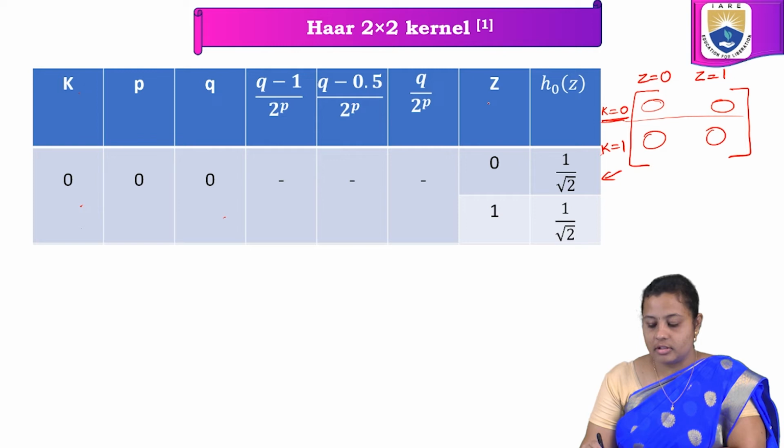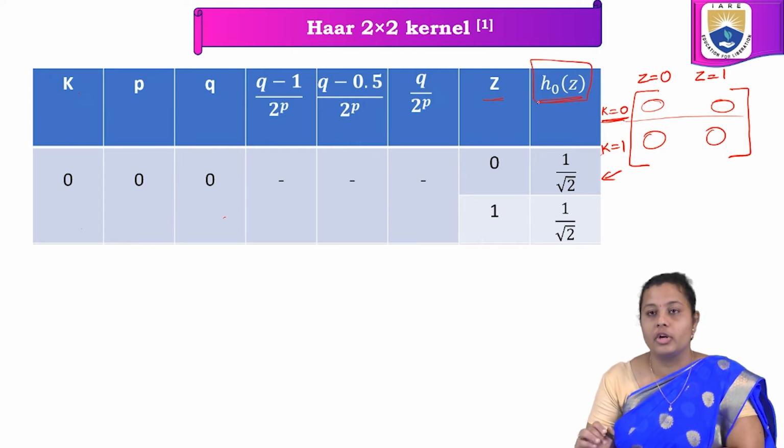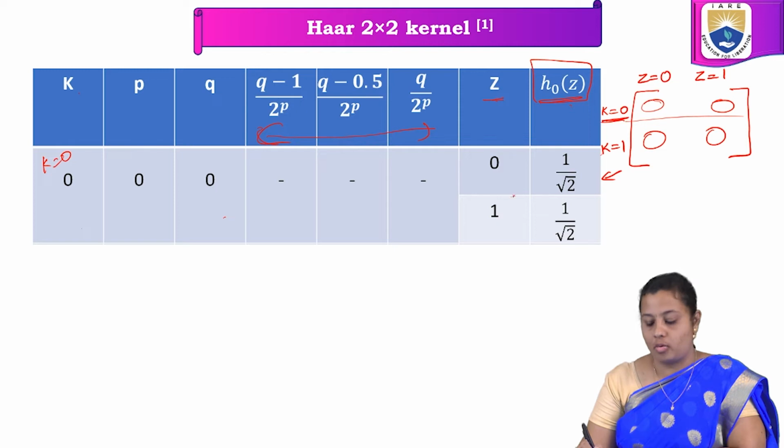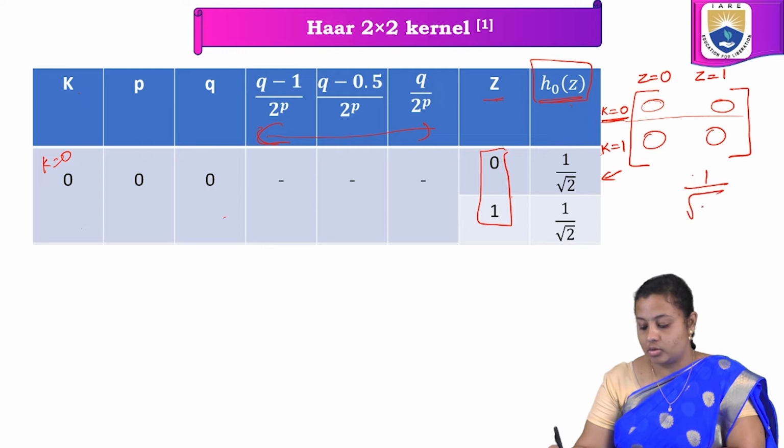To calculate the value of the coefficient matrix, we have to check which range Z is falling in. But when K is equal to 0, irrespective of the z value, the coefficient value is given by 1 by square root of capital N, right?